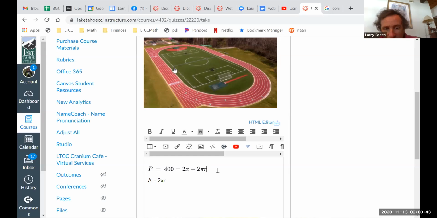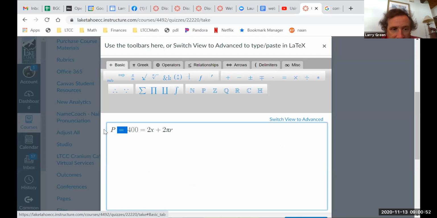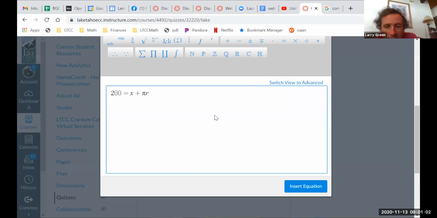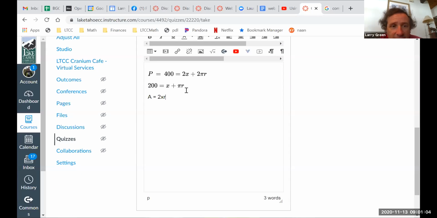So I'm going to take this perimeter equation and divide by 2. 400 divided by 2 is 200. The 2's go away. And we have 200 equals x plus pi r. So in particular, x equals 200 minus pi r. And I can put that into my area formula.